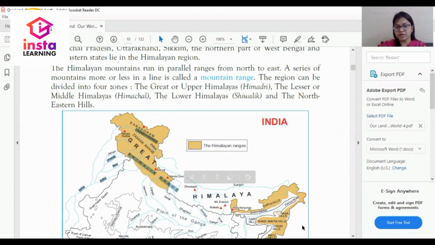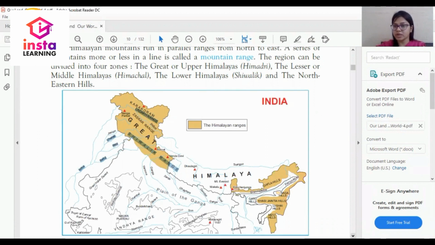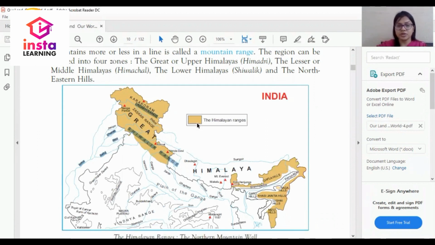This area is the Himalayan ranges of India. In India's map, we have described it with light brown color. This is the Himalayan range of India.